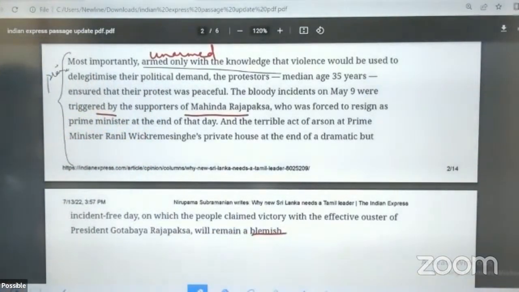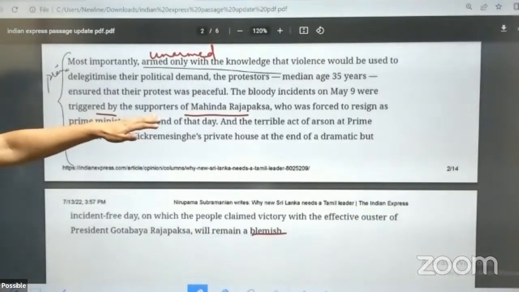What is a blemish? Which was the ransacking of Prime Minister Ranil Wickremesinghe's house. That, of course, was a blemish.